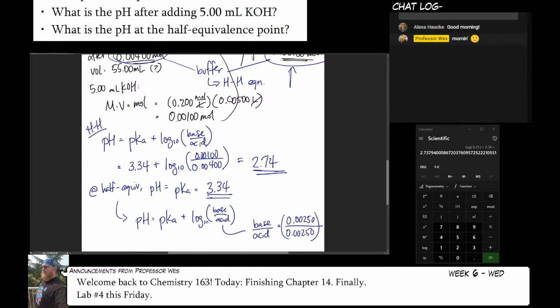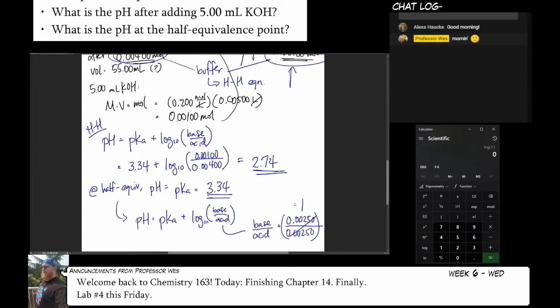This would be what we have for base over acid, right? We'd have the same amount of both, which is just 1, right? Well, what's log of 1? Log of 1 is just 0, right? So pH equals pKa plus 0, or pH equals pKa. So if you have a 50-50 mixture of acid and base in your buffer region, if those amounts are the same, the log of that ratio is going to be 0. And so the pH at that point will equal the pKa.